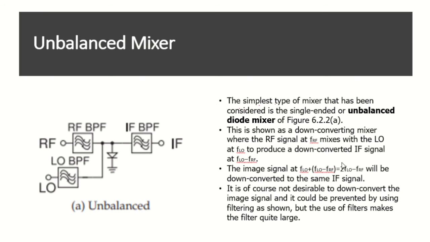It is a multiplication of these two, the multiplication of the IF signal is basically the image signal. This image signal we can call its harmonics, or a spurious signal which we don't want. So that's why we put a band pass filter to filter out the image signal.